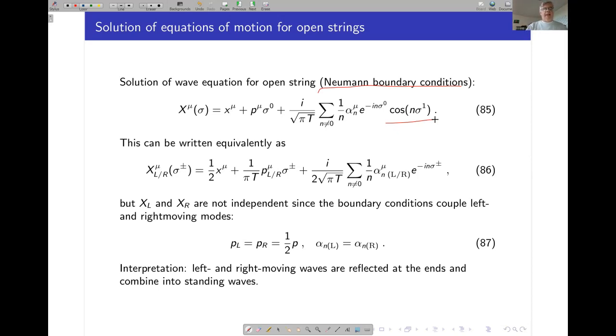If we insist, we can still write the solution for an open string as the sum of a function sigma plus and sigma minus, but this time not only must the momentum split symmetrically, but also the Fourier coefficients are the same. And this is again the way left and right moving waves organize themselves into standing waves.